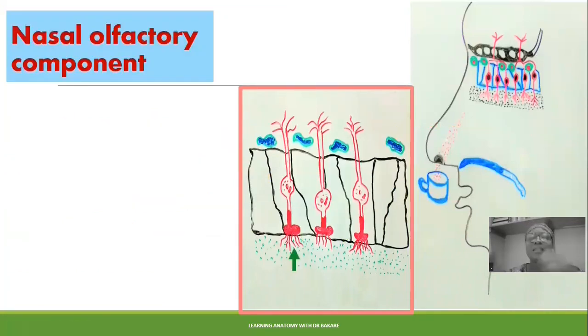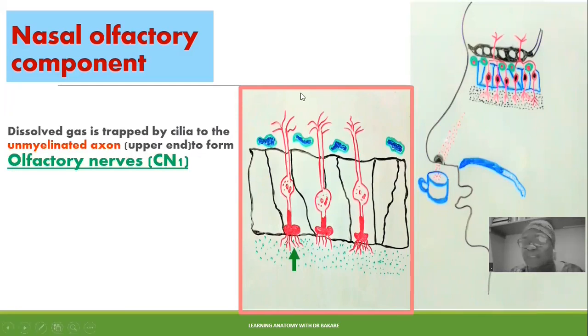Going back to the nasal olfactory segment, having described the different types of cells located within the olfactory segment of the nasal cavity, we have the trapping mechanism of the dissolved odorant or chemicals that are inhaled through the nostrils. It can also go through the oral cavity because there is a link around the nasopharynx through which this odorant can go upward, where it finally enters into the nasal cavity and of course will be directed towards the olfactory segment.